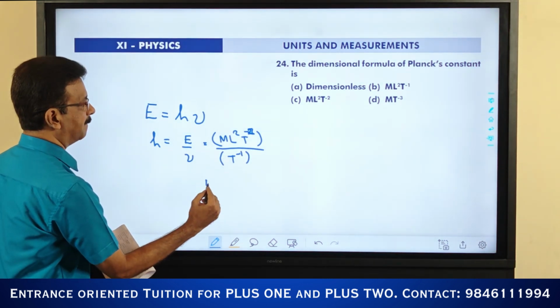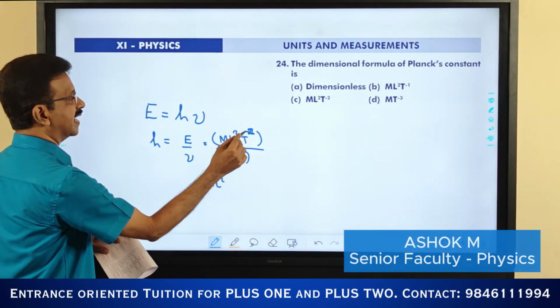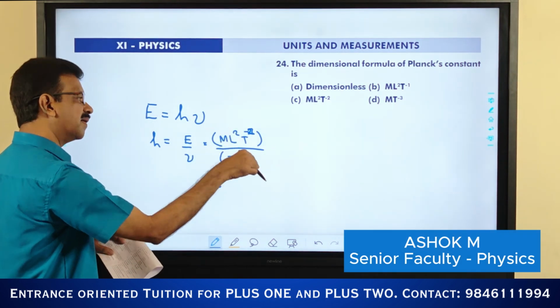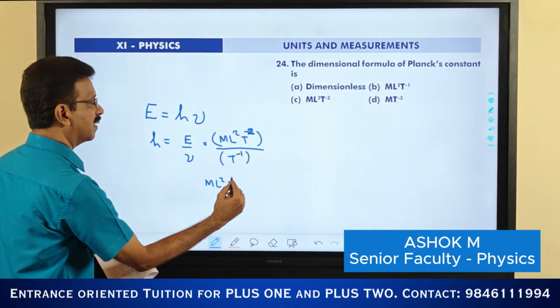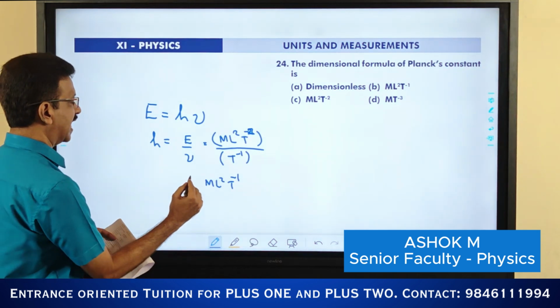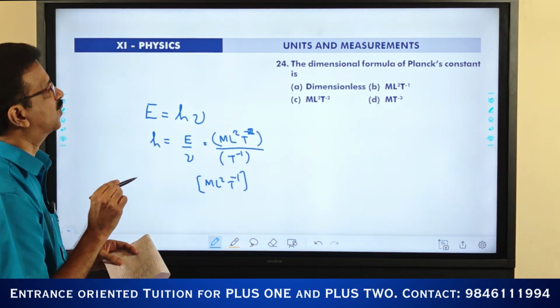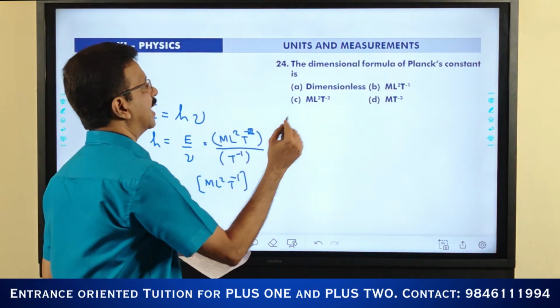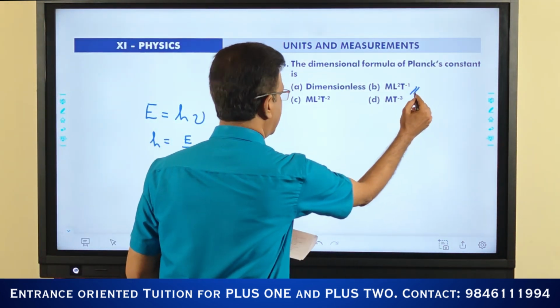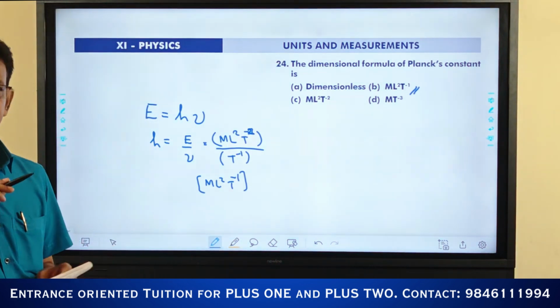Simplifying, M L square T raised to minus 2 is there already, plus 1, then T raised to minus 1. Then dimensional formula of Planck's constant is M L square T raised to minus 1. That is B choice is the correct answer.